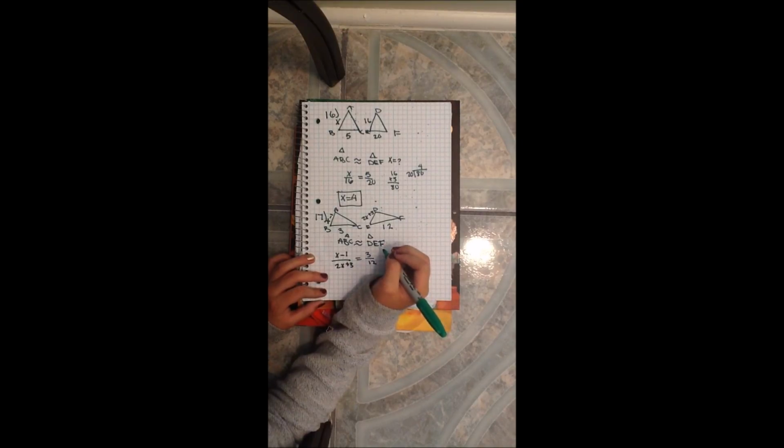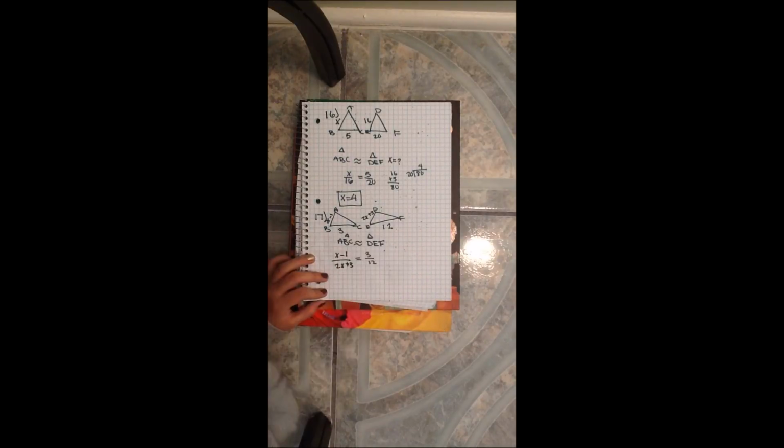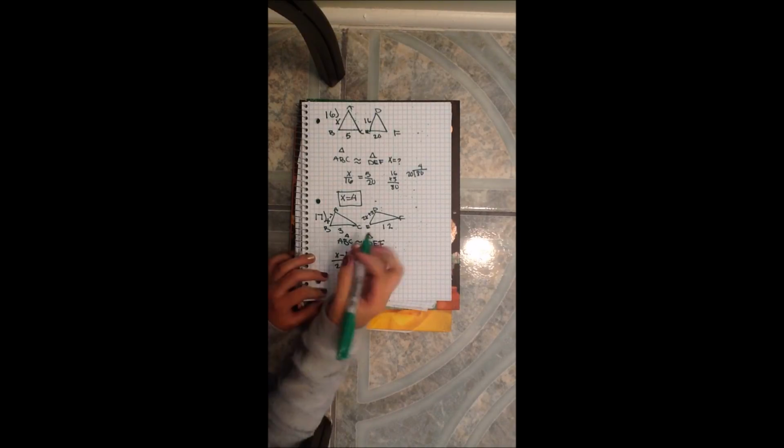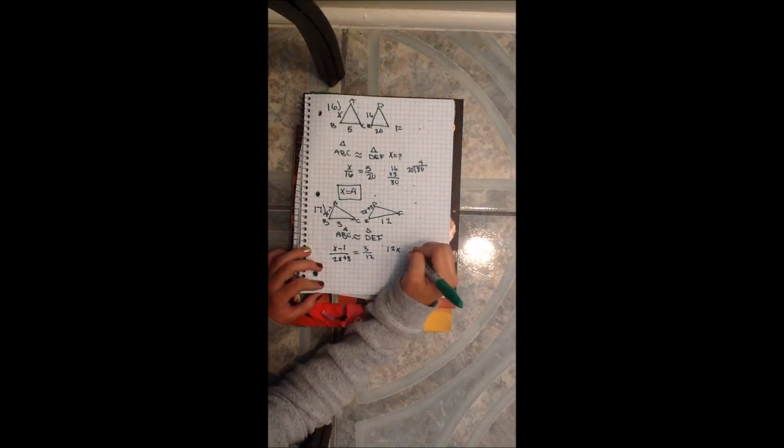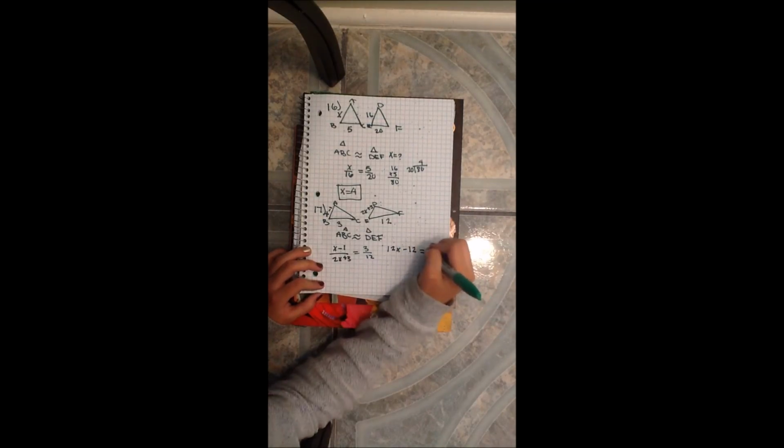And then you cross multiply, so it would be 12x minus 12 equals 6x plus 9.